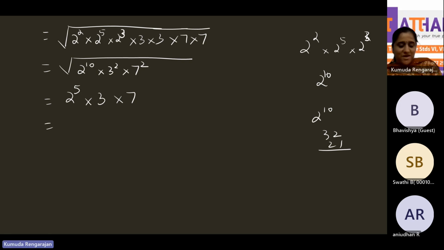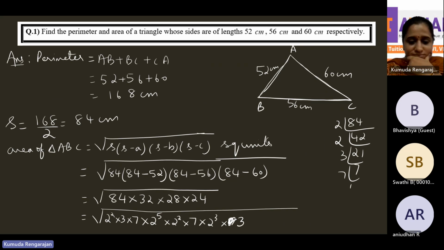Oh my God. I'm getting 672. Ma'am, I'm getting 672. Ma'am, you missed one set of 2, ma'am. I think so. Where? Oh, I missed.